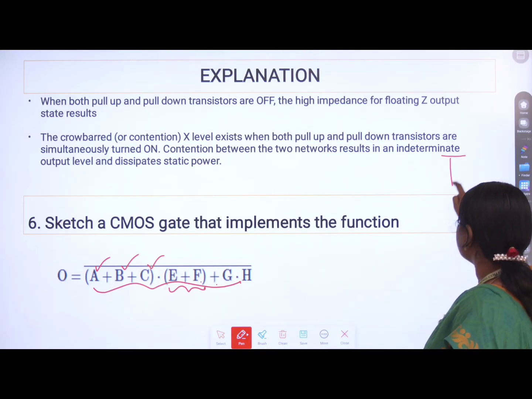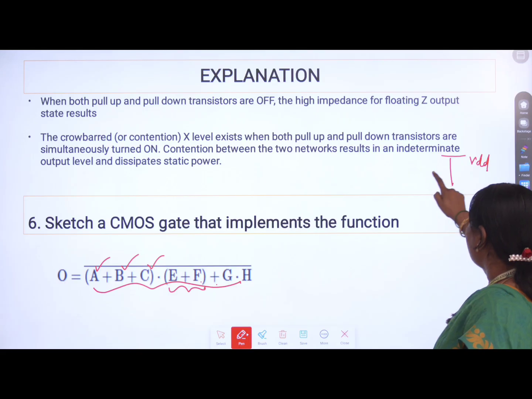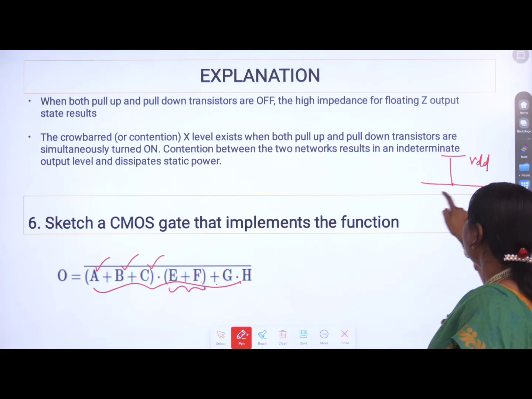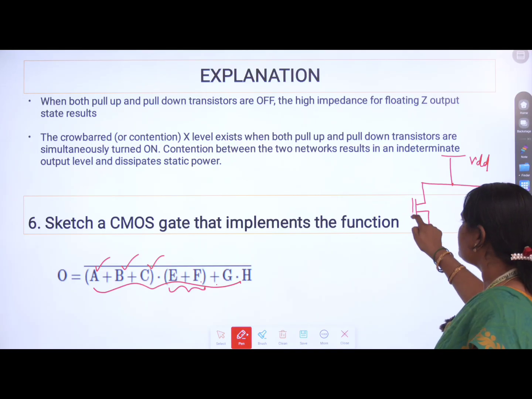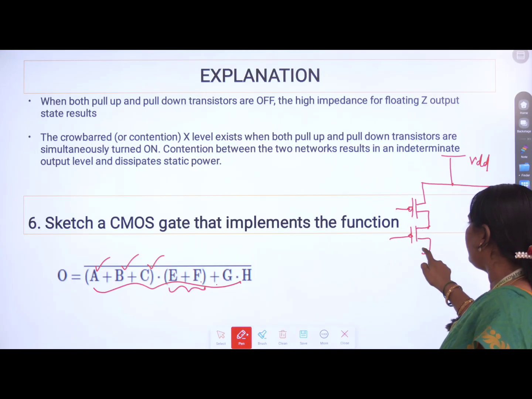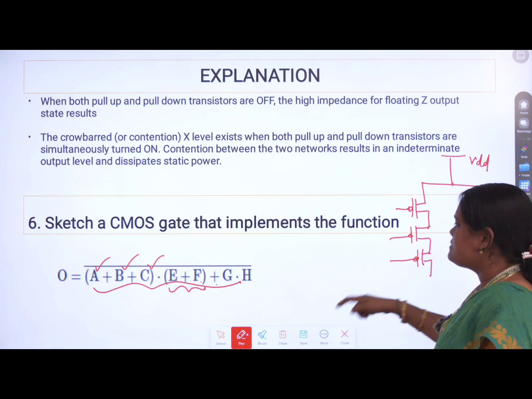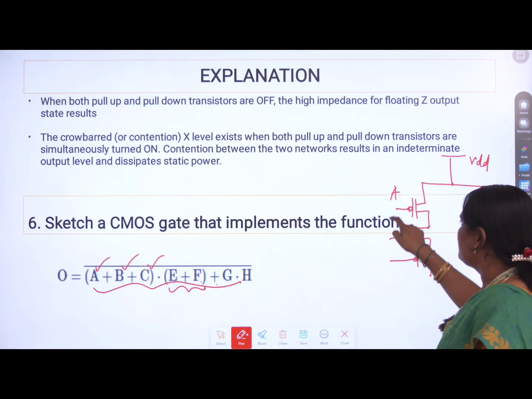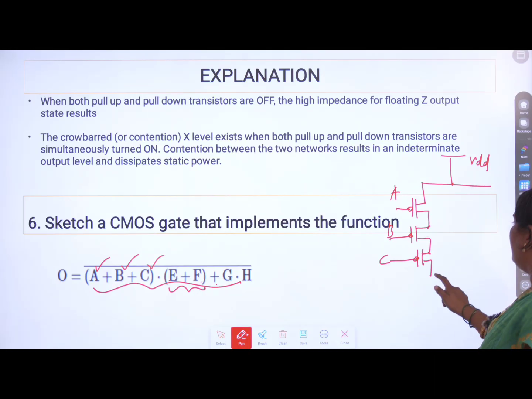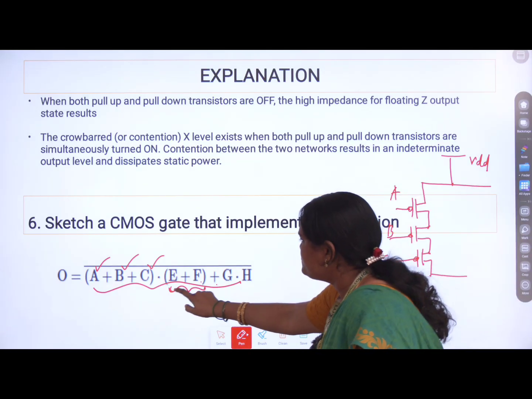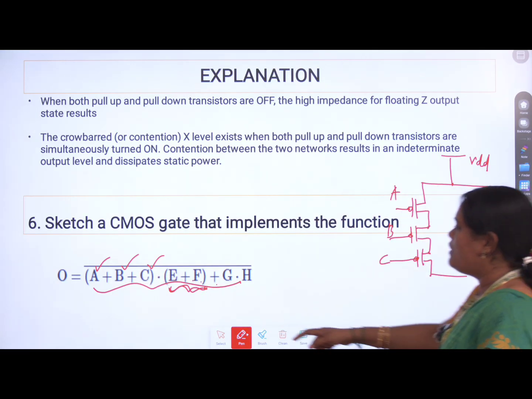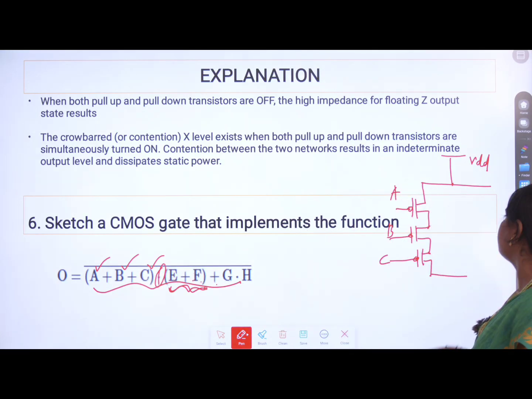Now I start the design with PMOS. PMOS is immediately connected to VDD. First I'll show how A, B, C are connected, because it comes under plus logic, so obviously it has to follow series connection. Exactly. The next expression is connected in parallel with A plus B plus C because here a dot operation exists.